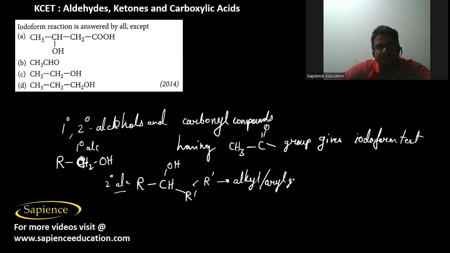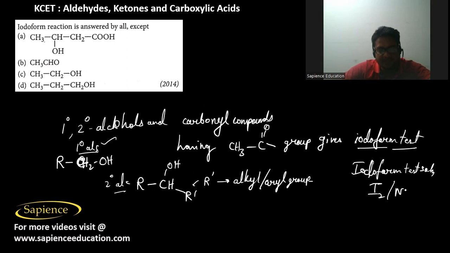So 2 degree alcohols and 1 degree alcohols can give the iodoform test. In the iodoform test, the solution which is used is I2 with NaOH.